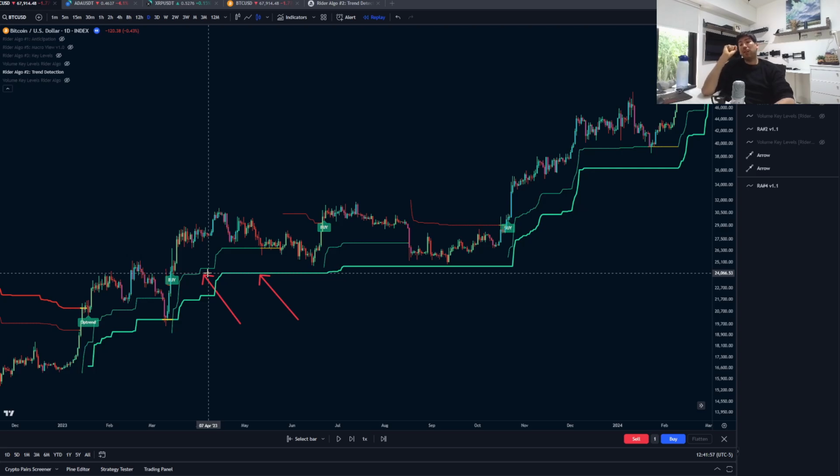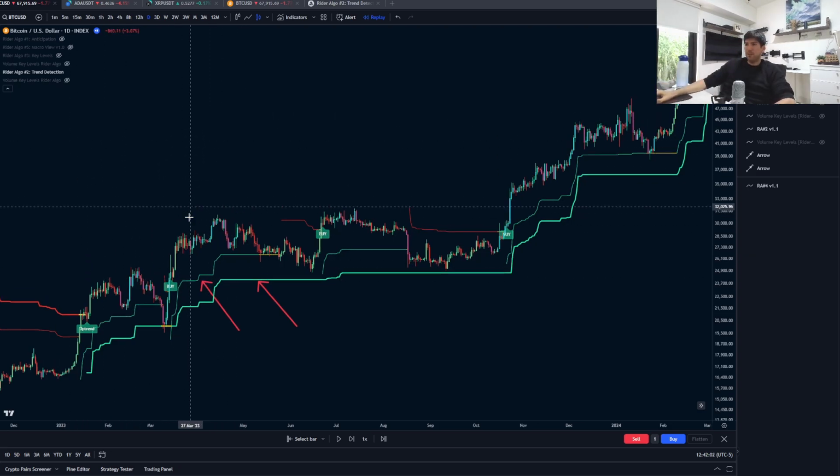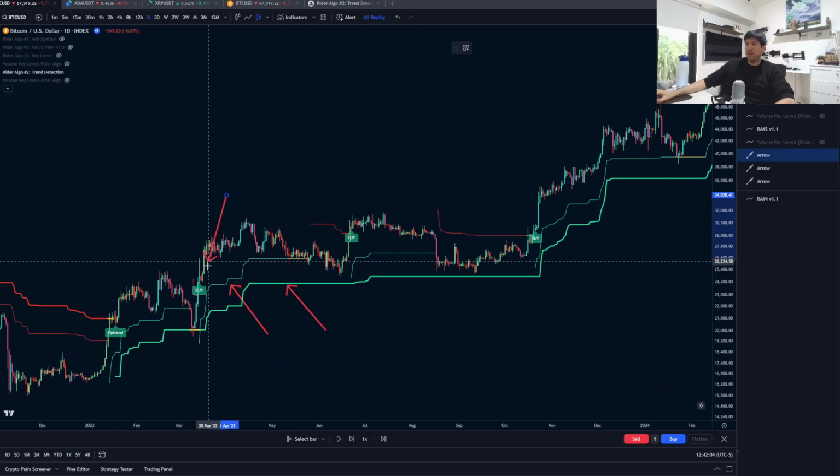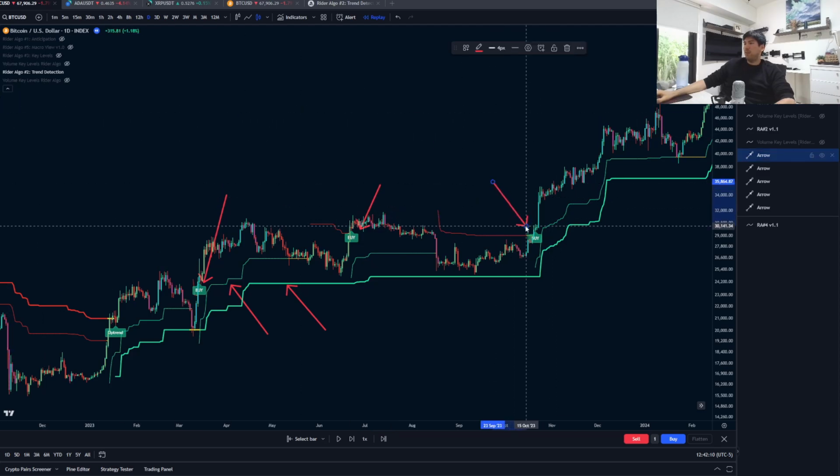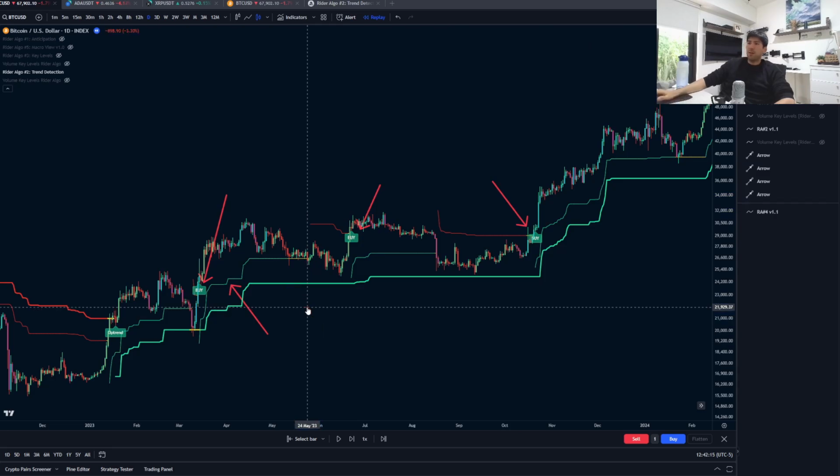But the beautiful thing here, and this is extremely important, is that these buy labels here, or this one here, or even this one here, only appear when there is trend confluence.